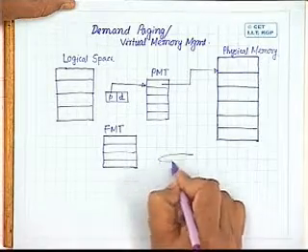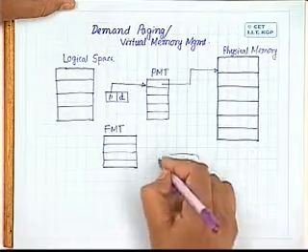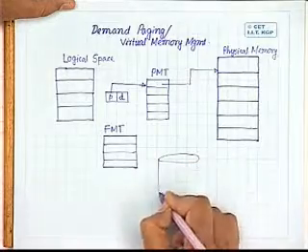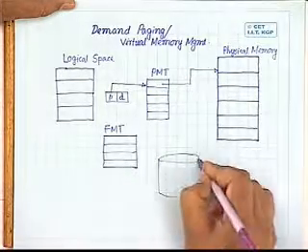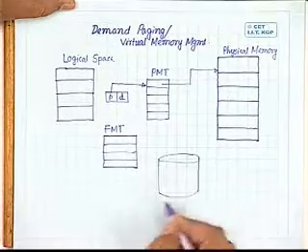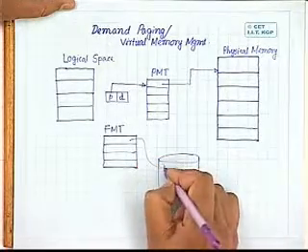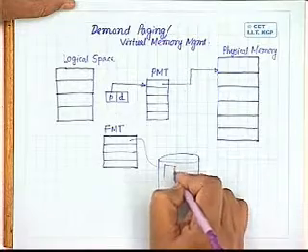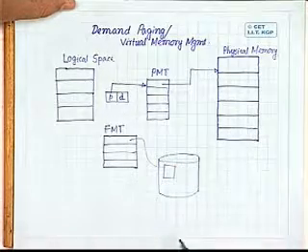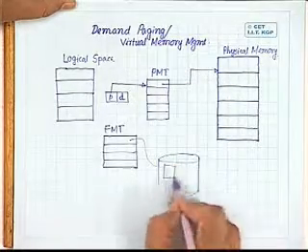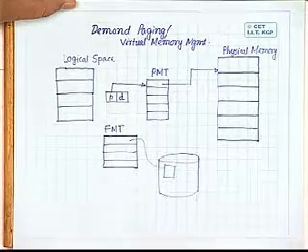So I have this secondary storage or disk, and the entries in the file map table point to different blocks in the secondary storage which contain that particular page. Now what is this block? That will come later on.